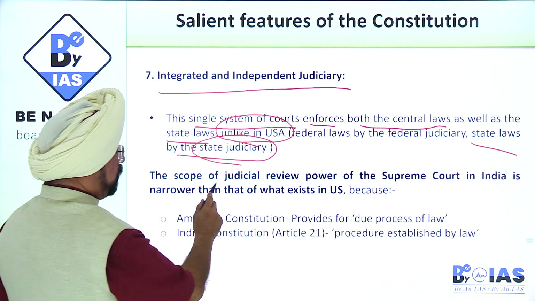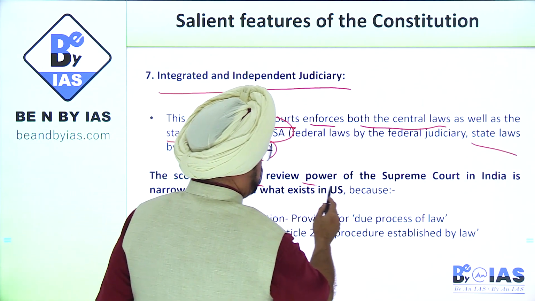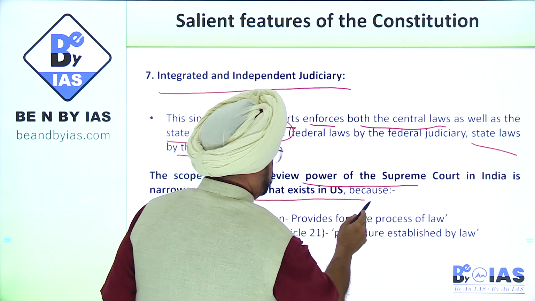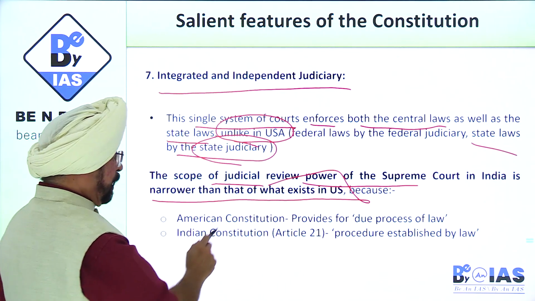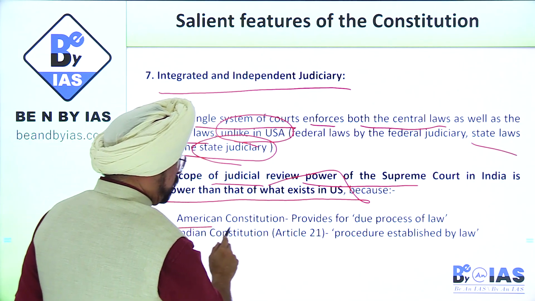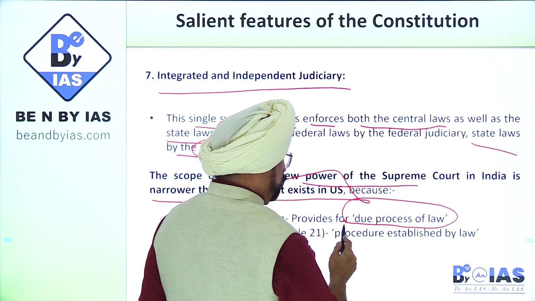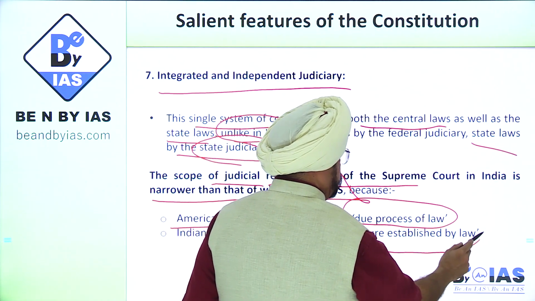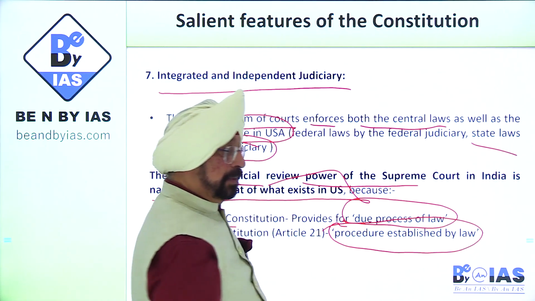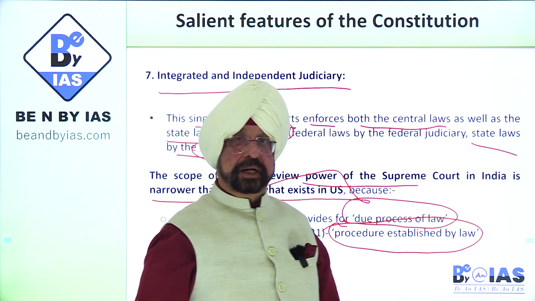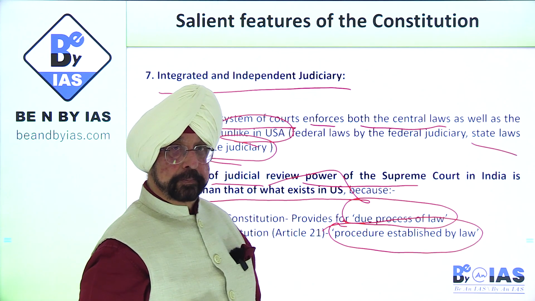So the scope of judicial review, the power of the Supreme Court in India, is narrower than what exists in the USA. How? Because in the American Constitution, there is a due process of law. These two terms, due process of law and procedure established by law, we will be studying in detail when we study Article 21.